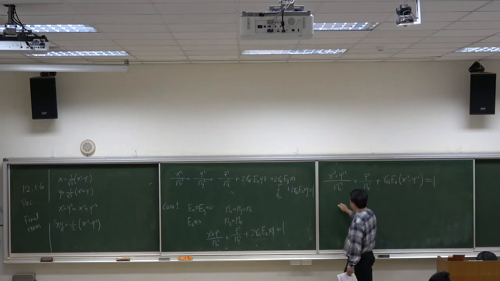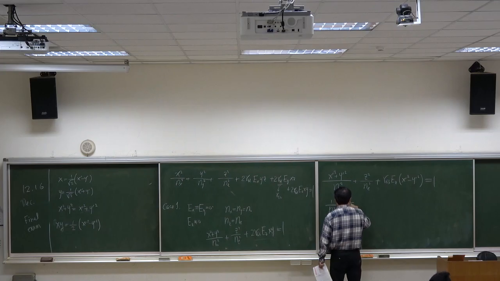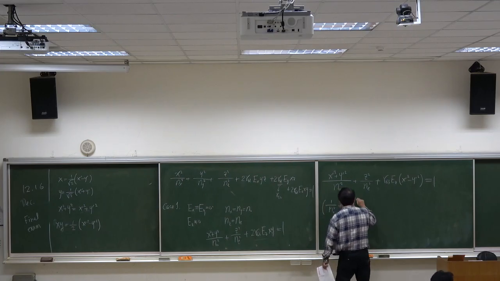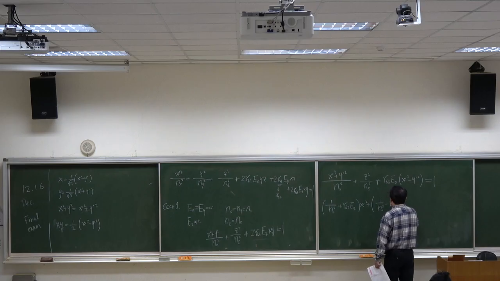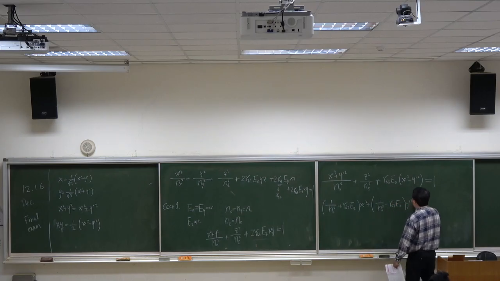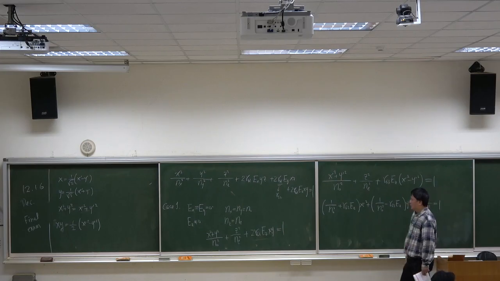So this means we have 1 over no squared plus R63 Ez times x prime squared, plus 1 over no squared minus R63 Ez times y prime squared, plus z squared over ne squared equal to 1.